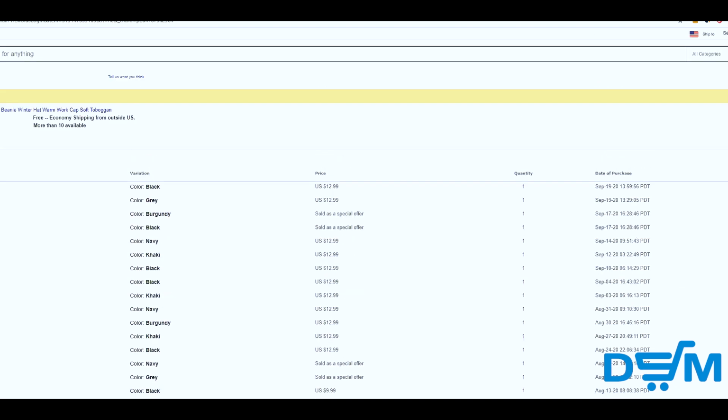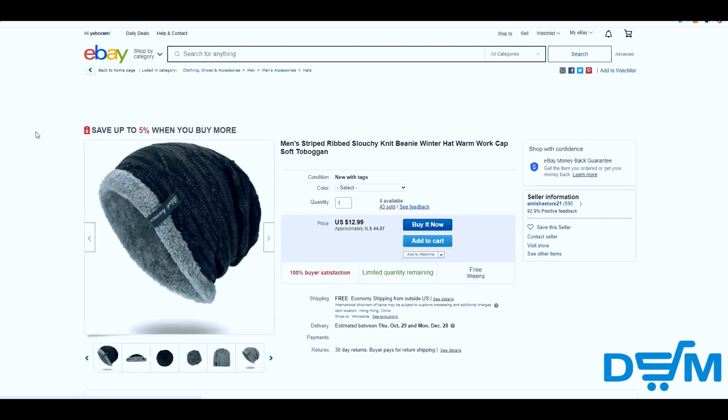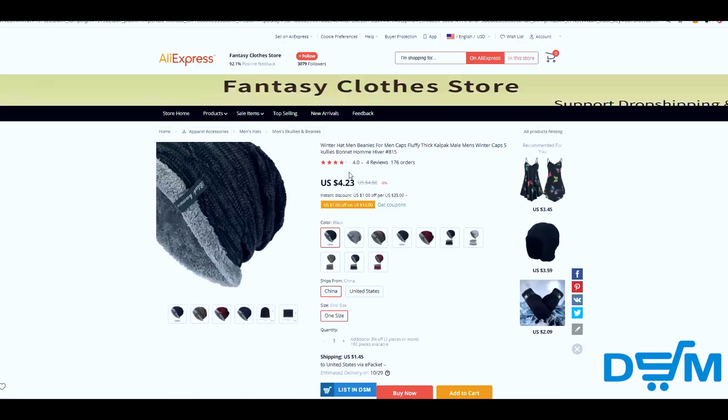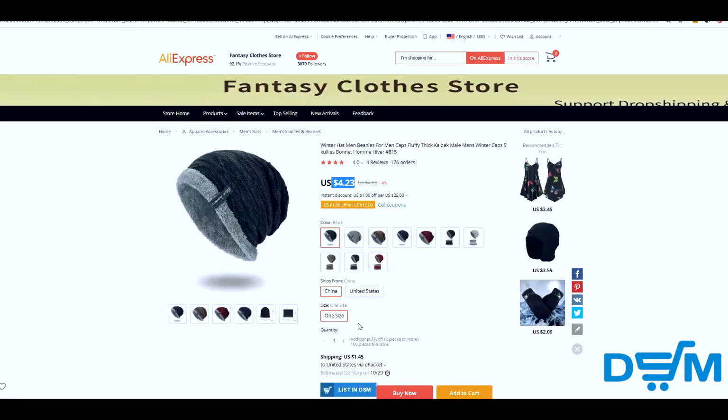And the arbitrage concept says that if I can find a product on eBay and prove that it has demand right now, I could then source that same product from another website. Here you go, the exact same product for $4.23 plus $1.45 shipping via e-packet, which is fast shipping.